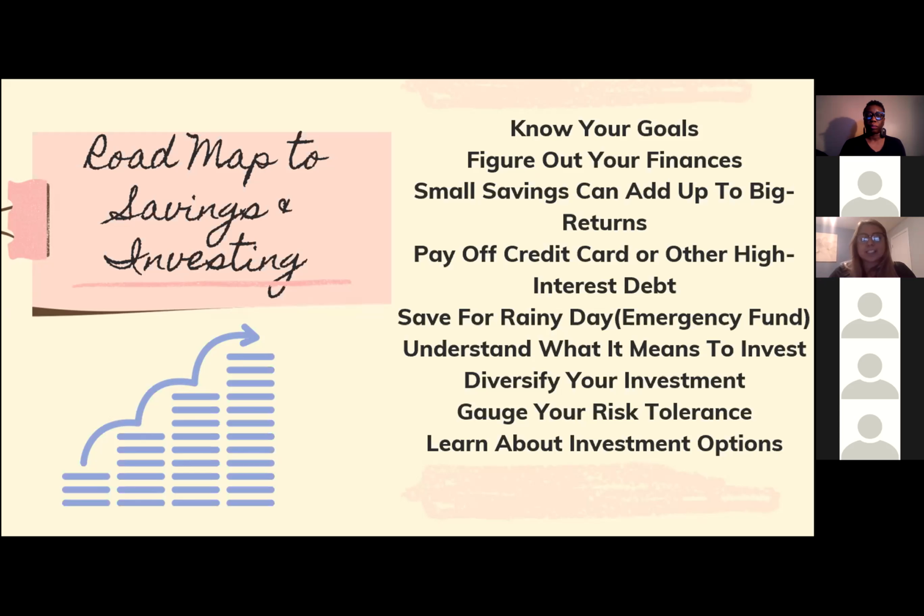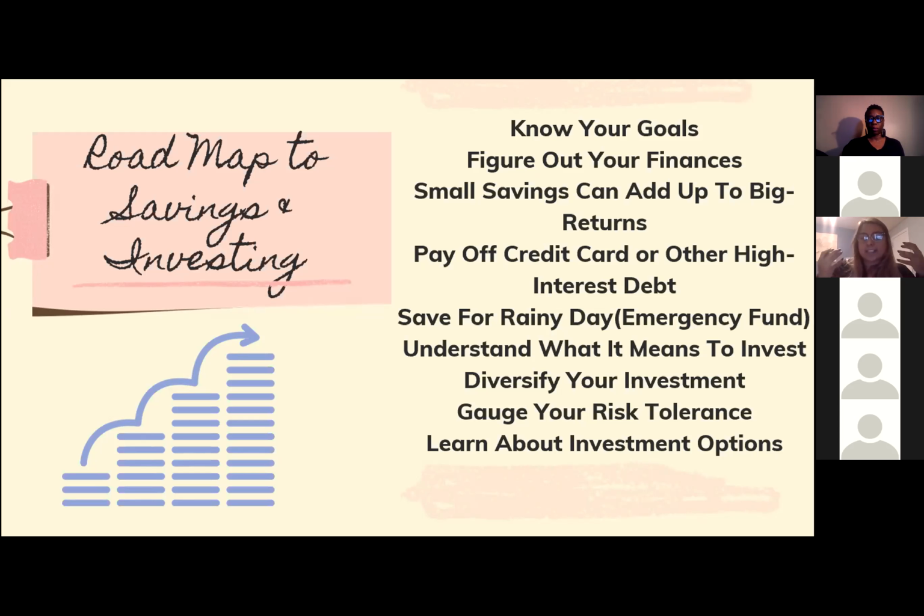Keep in mind that small savings build up to big returns with time. It's also important that you pay off credit cards or any high debt that you have prior to starting investing, just so that you can have that debt minimized. You also want to make sure that you don't put all of your money into investments, leaving you without any funds should you have a rainy day, right?